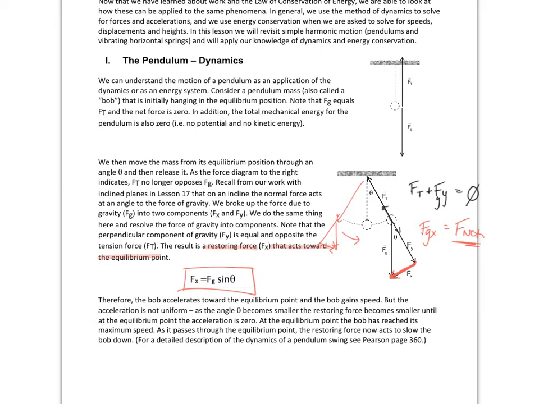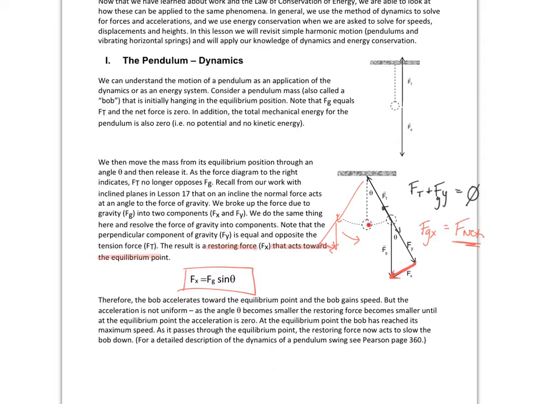So the bob accelerates towards the equilibrium point, and the bob will gain speed as it is transitioning towards its center point. The acceleration is not uniform. As the angle theta becomes smaller, the restoring force becomes smaller until the equilibrium point where the acceleration is 0.